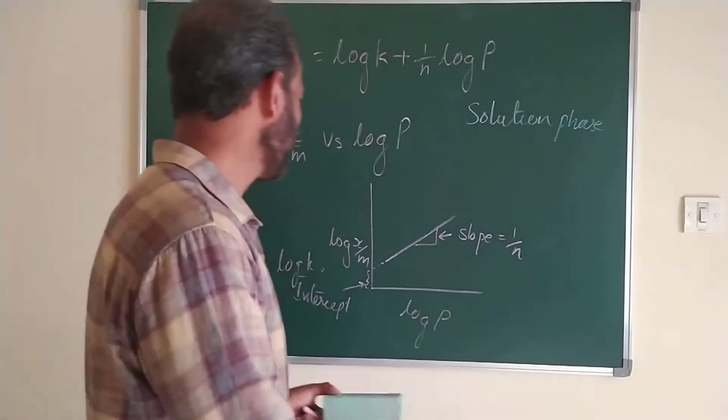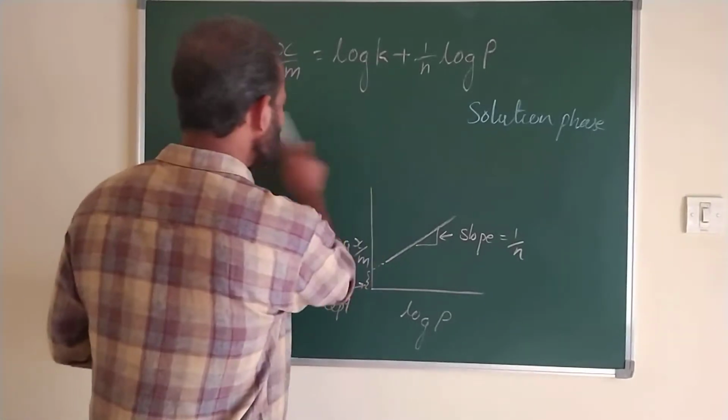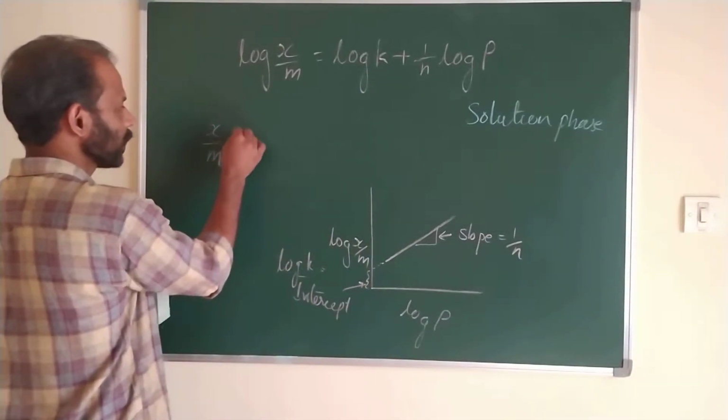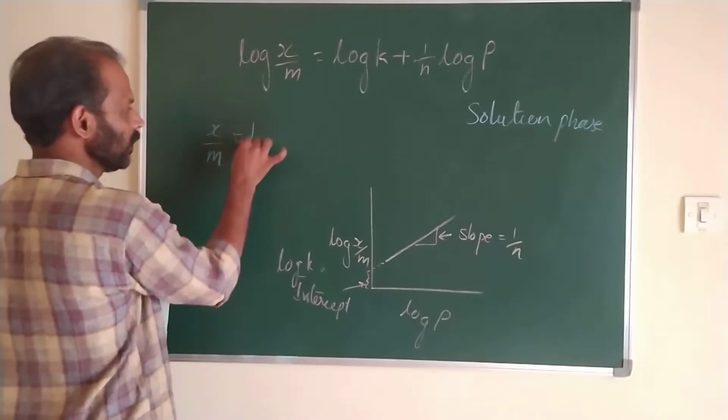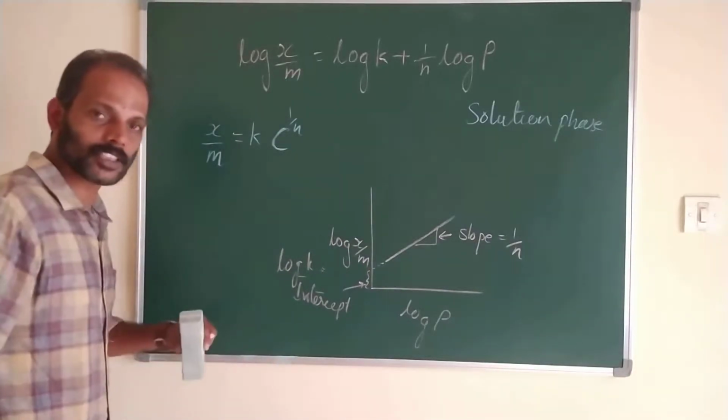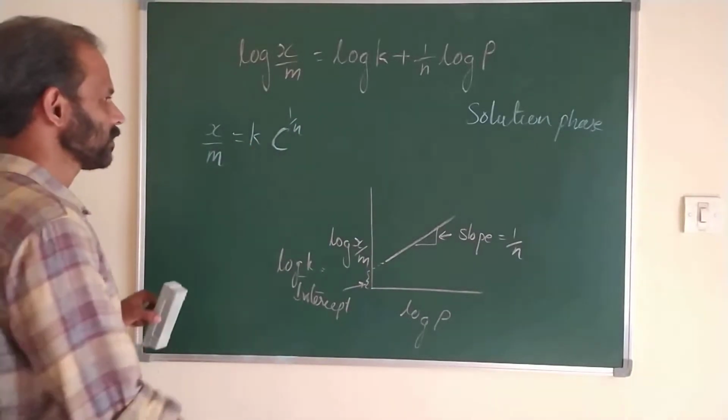The only difference is that instead of pressure we use concentration. So our equation will become x by m is equal to k c raised to 1 by n. Instead of p it is c.